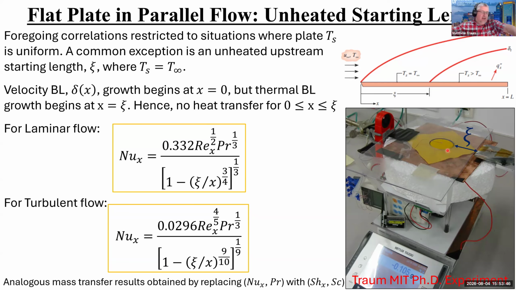If you're interested, my PhD dissertation is at the MIT library. You can look it up and read it. The point is, there was a starting distance. There was this distance where there was no heat transfer, no mass transfer. The air was blowing over this plastic cover, and then would reach my evaporation disk after some distance zeta.